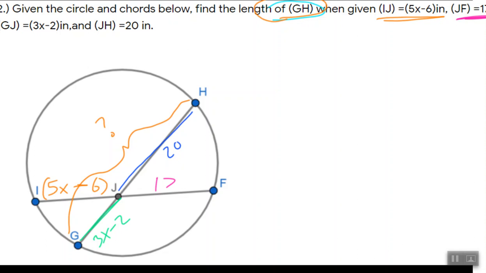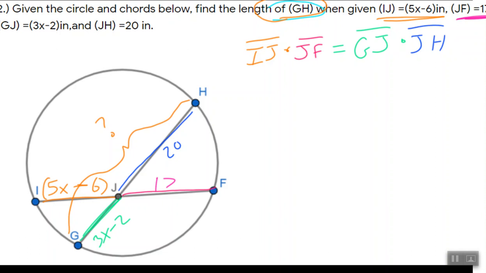Now, the one thing we really don't see here is, well, no, we have everything labeled. So let's write out our formula. We could say that IJ, part 1, times what we have here in purple, JF, is equal to GJ times our last remaining segment, JH.